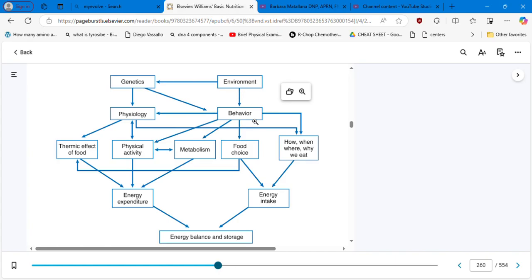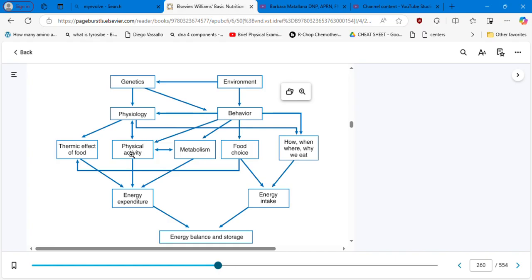Then the behavior is going to trigger the food choice. So now I need more carbs in order to calm my anxiety, and I need comfort food full of carbs and sugar. Now my metabolism is going to be bad.